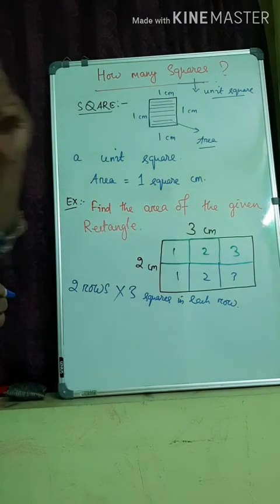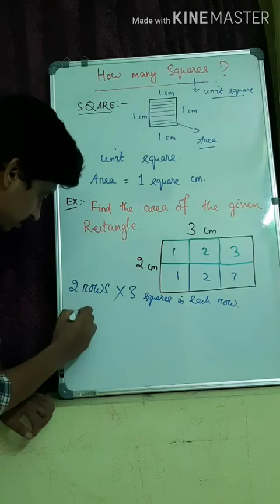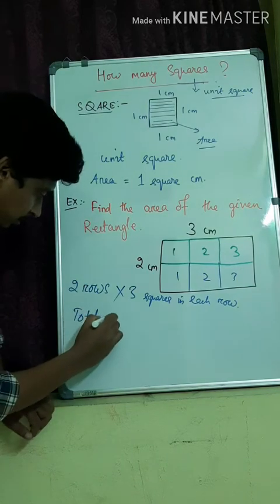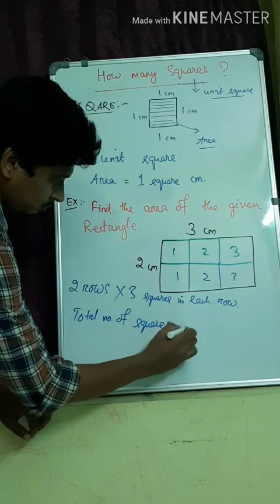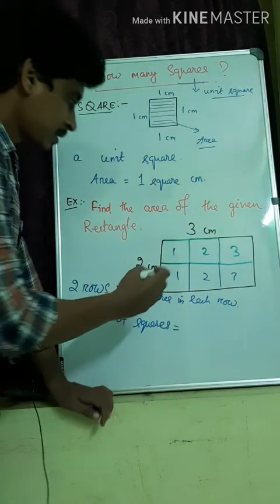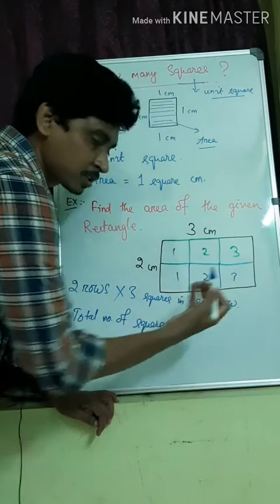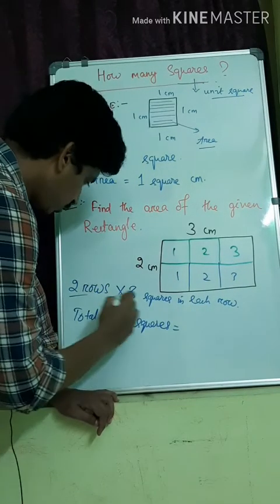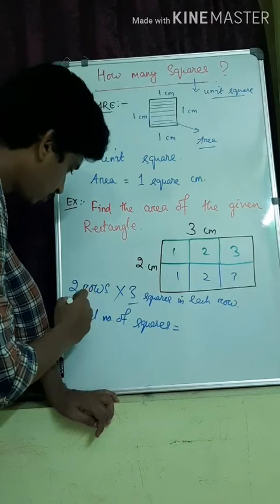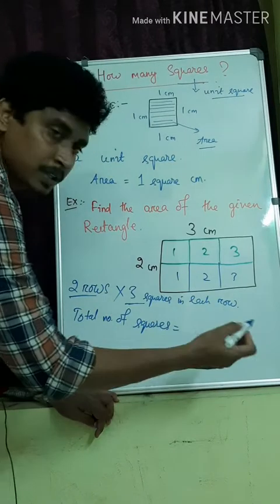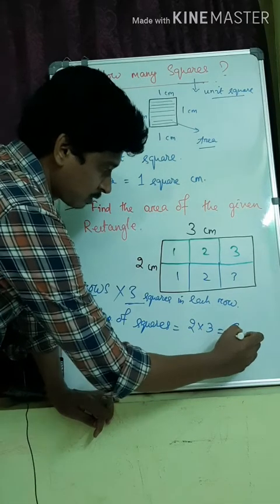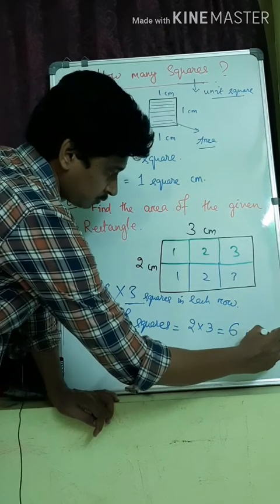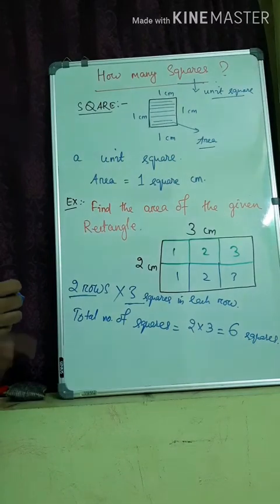So what is the total number of squares? Simply you can count 1, 2, 3, 4, 5, 6, or otherwise 2 and 3: 2 rows and 3 squares in each. So 2 into 3 equals 6 squares. So we have found the total number of squares.